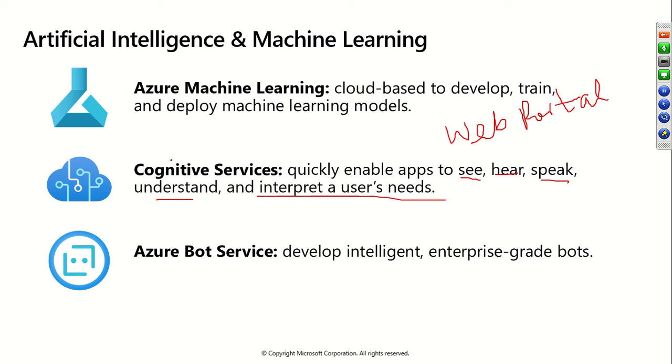A simple example is a situation where on your web portal, somebody uploads a picture, and cognitive services can tell you that this picture is of a male, or of a female. It can also give you a guess of the age of the person.